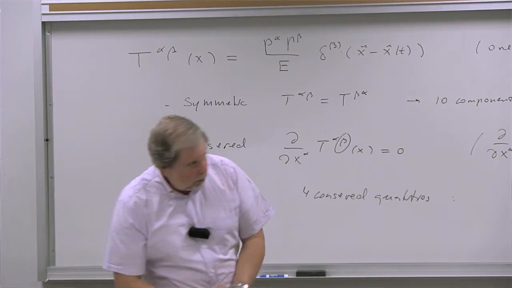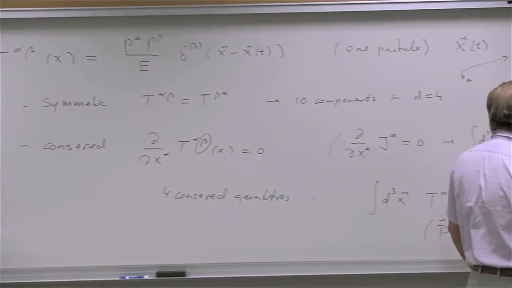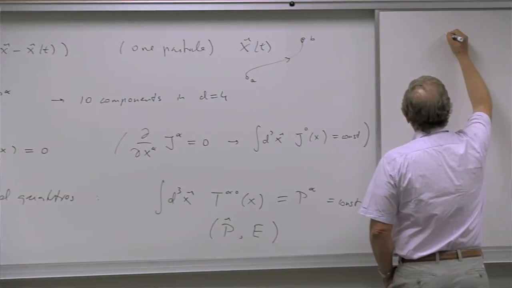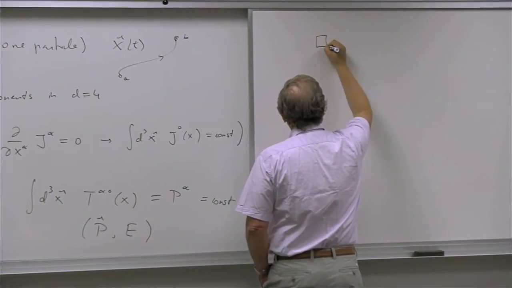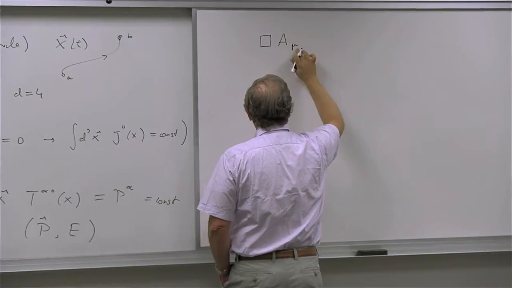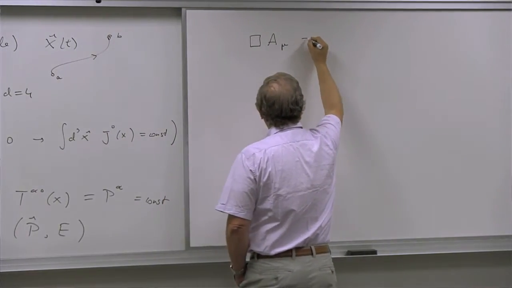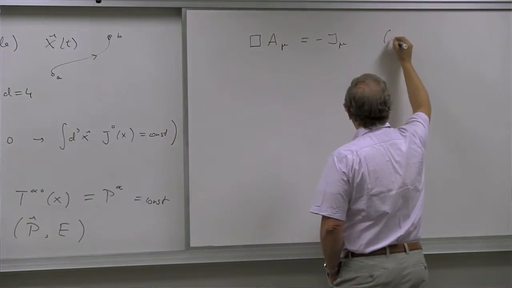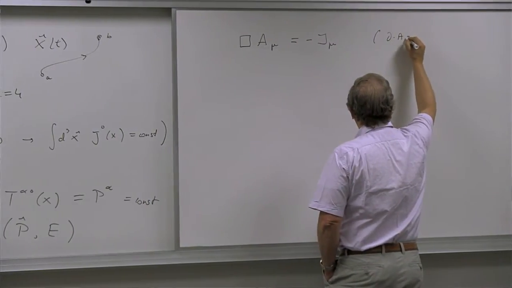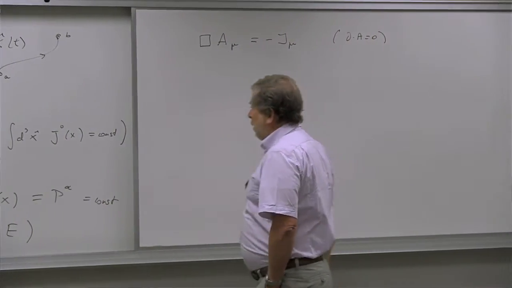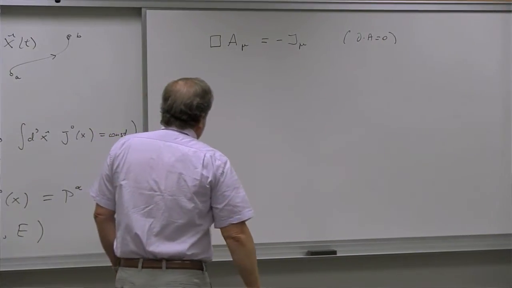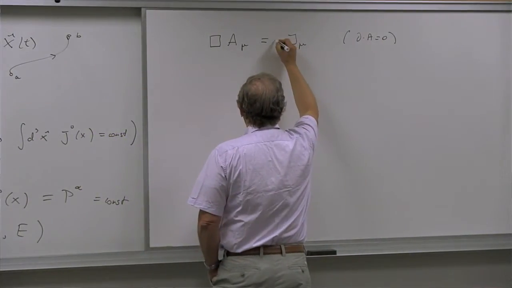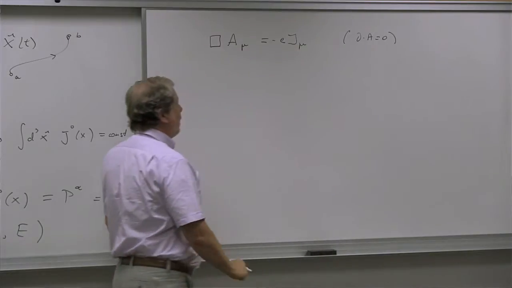And so that means that if you look, again, at electromagnetism, the equations for electromagnetism, if you write it in terms of potential, are that this is equal to minus J mu, right? This is in a gauge where D dot A is equal to 0, right? And so maybe you want to make the charge explicit, so you can write it like this here, right?